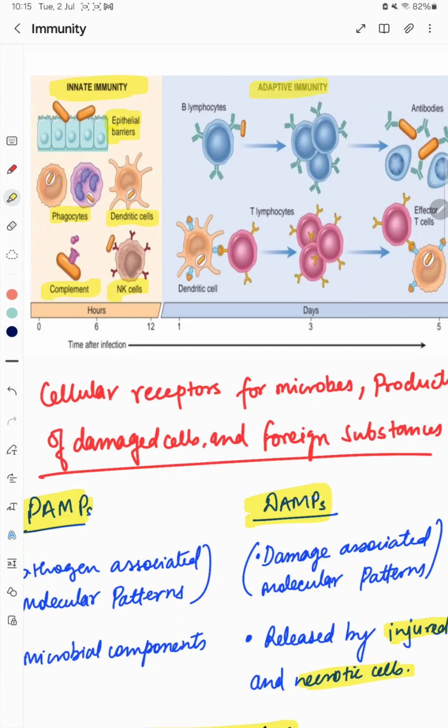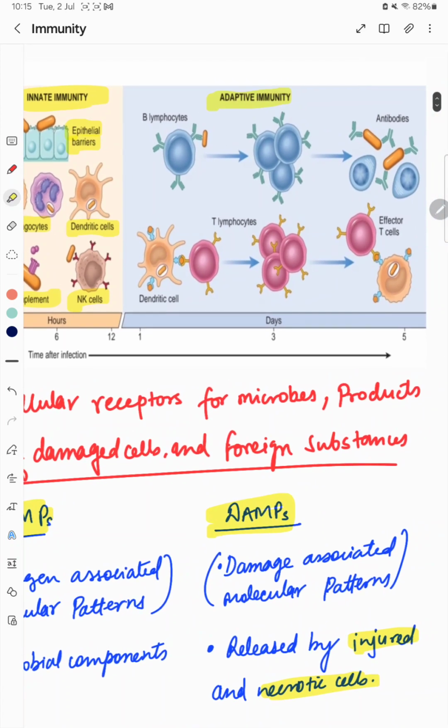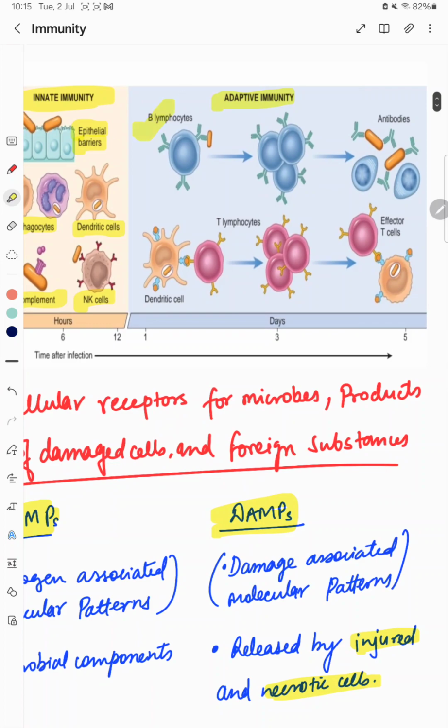And the other is adaptive immunity. B cells play a part in humoral immunity by producing antibodies against the antigen. The other one is cellular immunity, which is mediated by T lymphocytes. T lymphocytes further differentiate into T helper and cytotoxic T lymphocytes and result in subsequent degradation or removal of the pathogen.